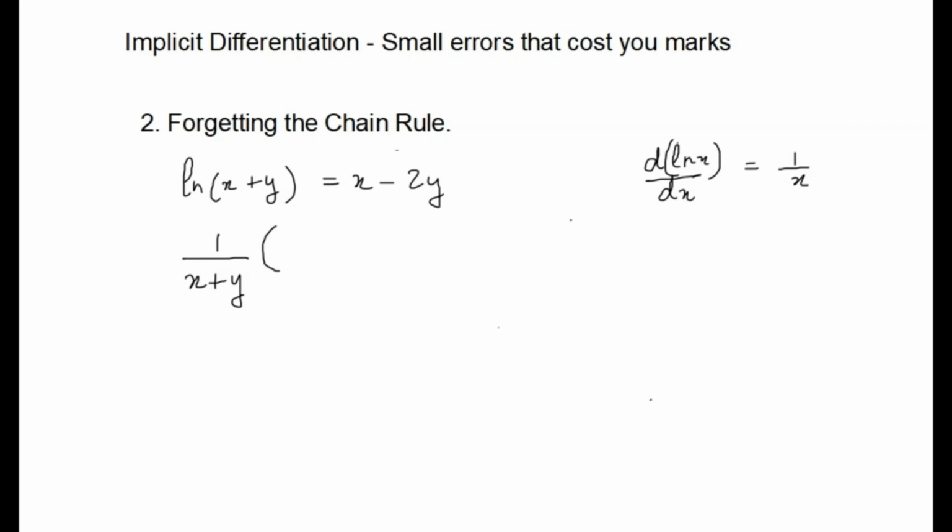So the differential of x is 1 and the differential of y is also 1, but because we're differentiating y, we have to multiply by dy by dx. And then on the right hand side, the differential of x is 1. Again, the differential of minus 2y is minus 2, but multiplied by dy by dx.